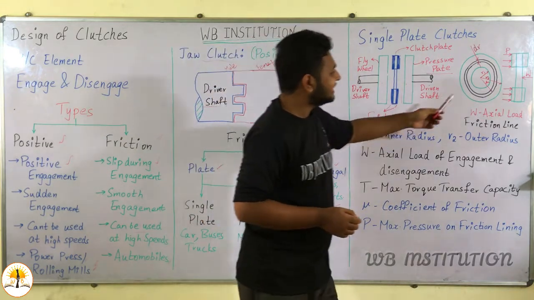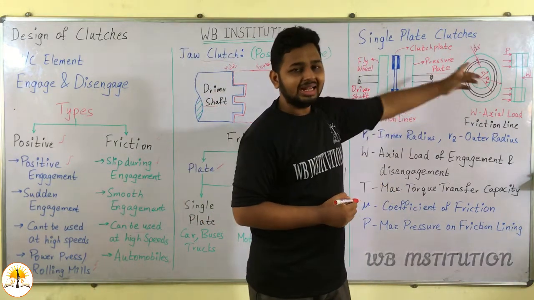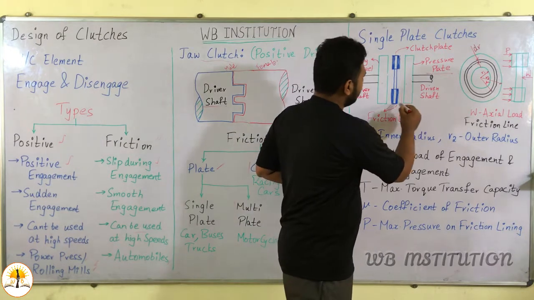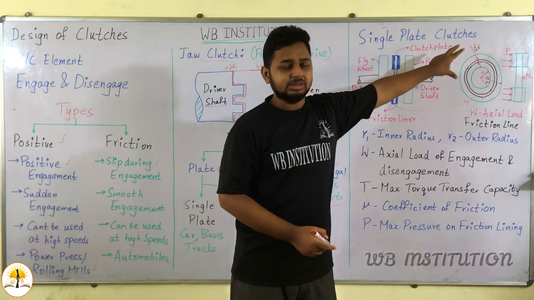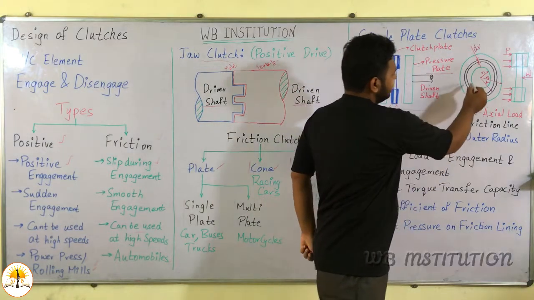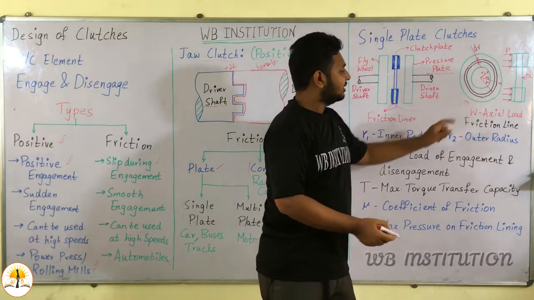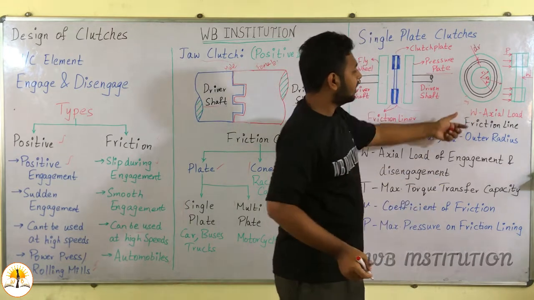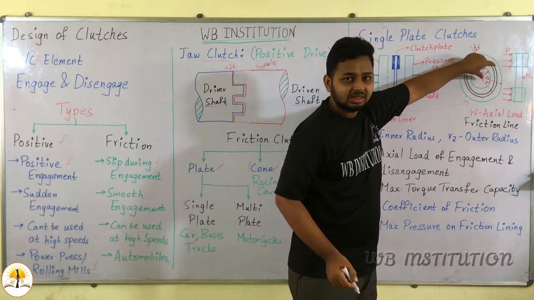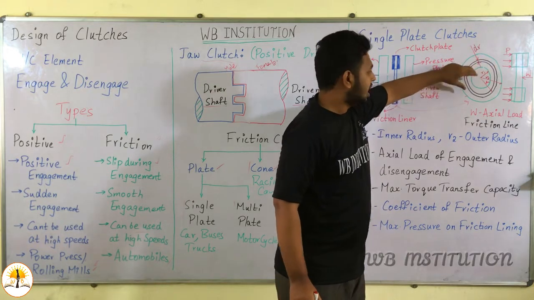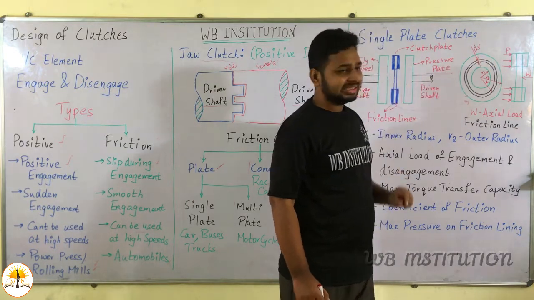Here let us see a line diagram. In this line diagram we have taken the construction of a clutch plate. We can see the clutch plate here. This is the inner diameter and this is the outer diameter. This green line is the outer diameter. The inner radius is given as R1 and the outer radius is given as R2.